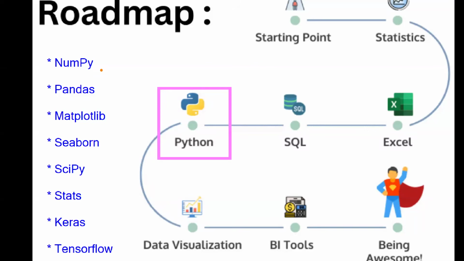NumPy is to perform numerical operations. Numerical operations on data, we can use NumPy. As discussed, you have random values, an array of values.